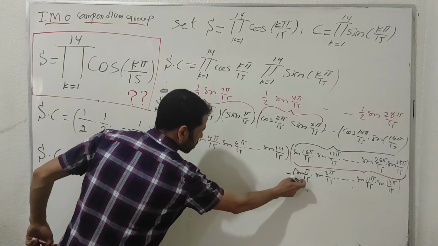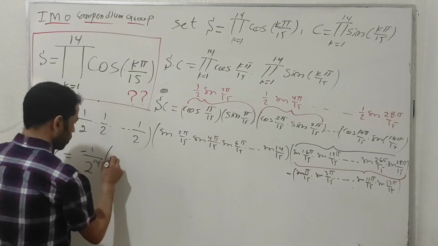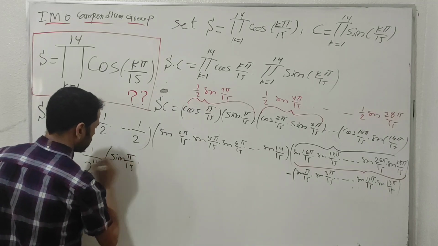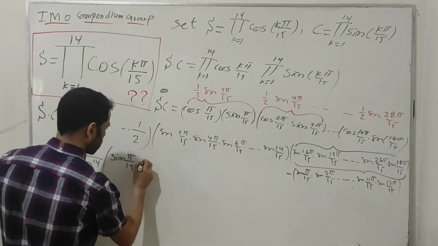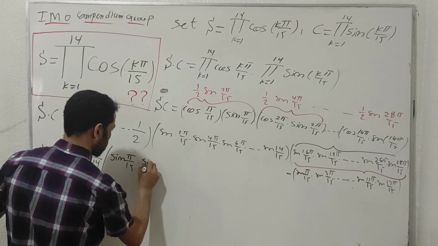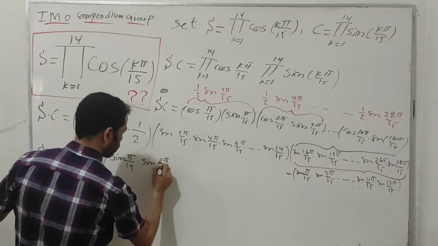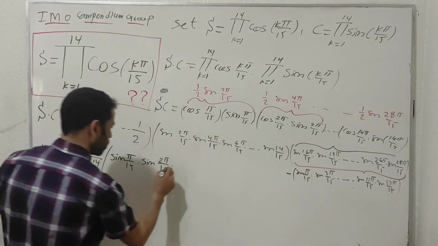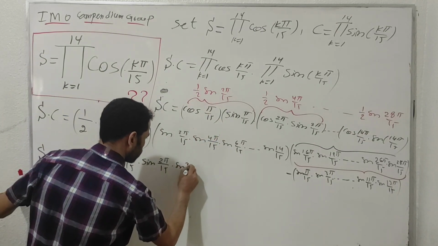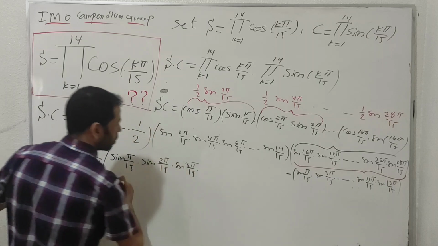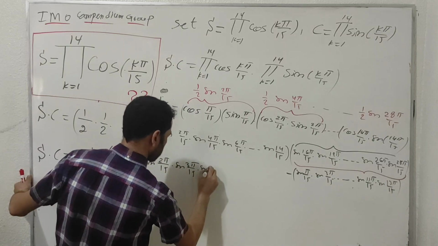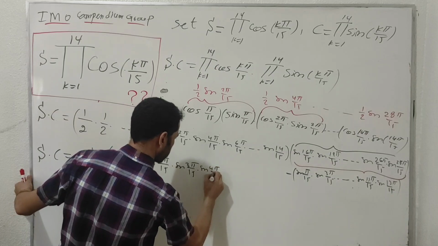I'm going to put sine pi over 15 as the first term, which is multiplied by the second term, which is even term, sine of 2 pi over 15, multiplied by the third term, which is odd, sine of 3 pi over 15, multiplied by the fourth term, which is sine of 4 pi over 15.